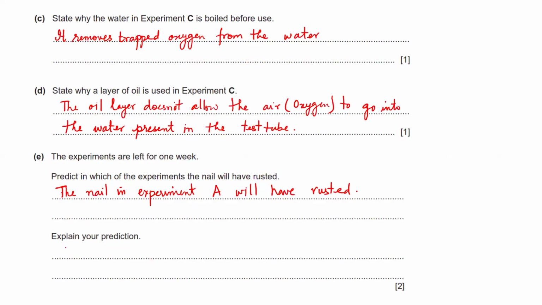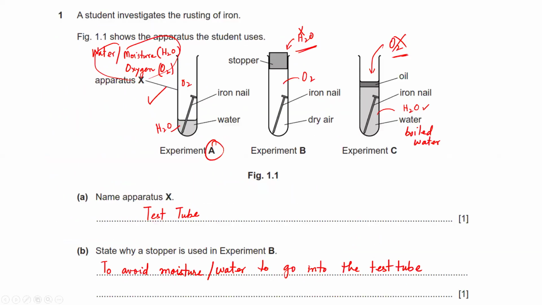So just a simple reason. Oxygen and moisture, that is H2O, are present in A, whereas B does not have water, and C does not have oxygen.